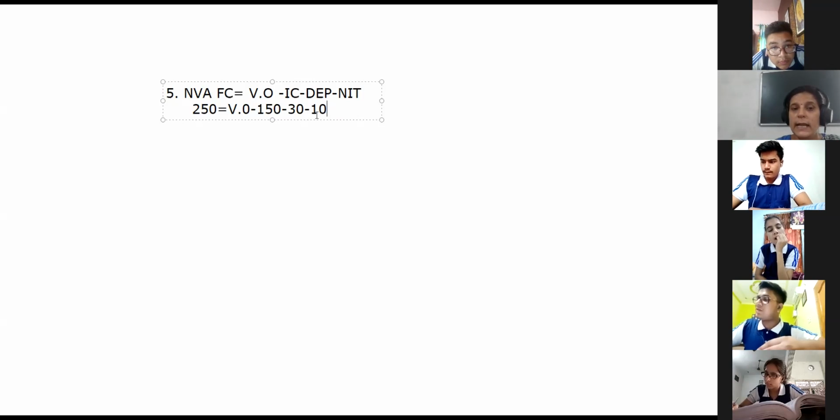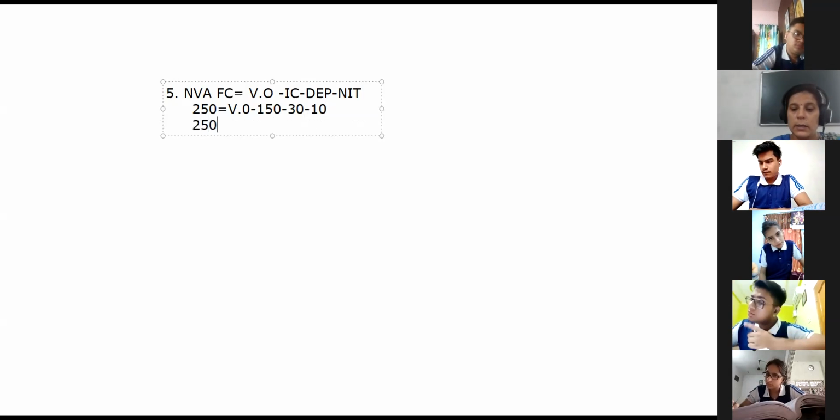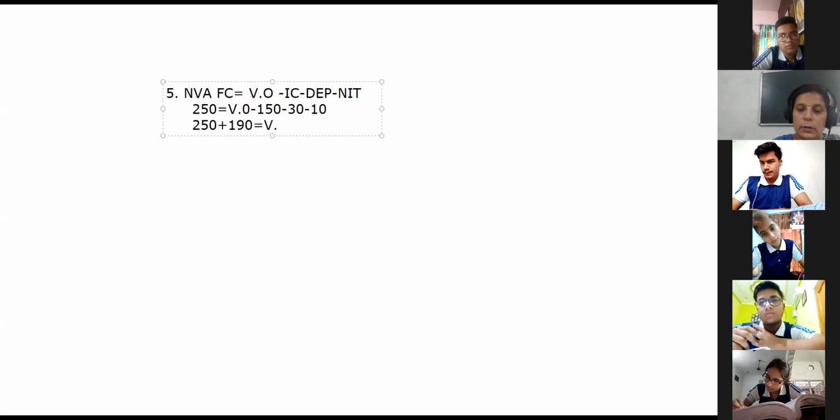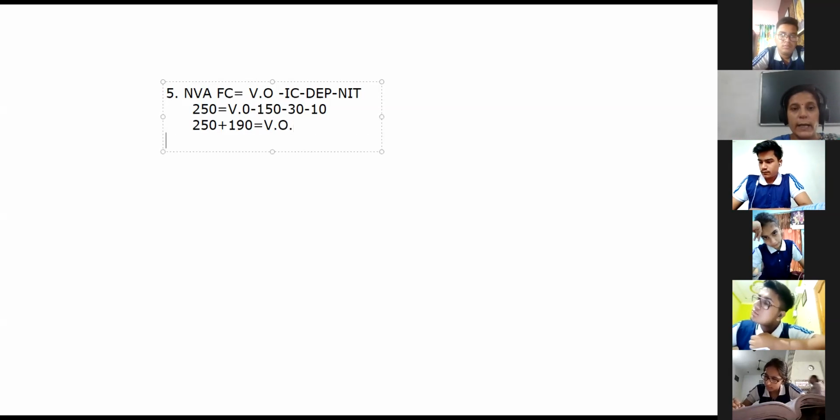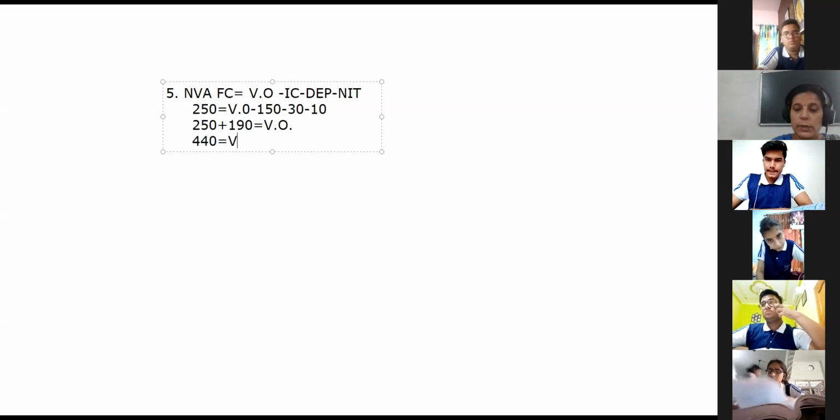It's 190, and 190 when it is shifted here, it will be now 250 plus 190 is equal to value of output. Okay, तो ये आपका आ जाएगा next. This will come out as 440 as value of output.